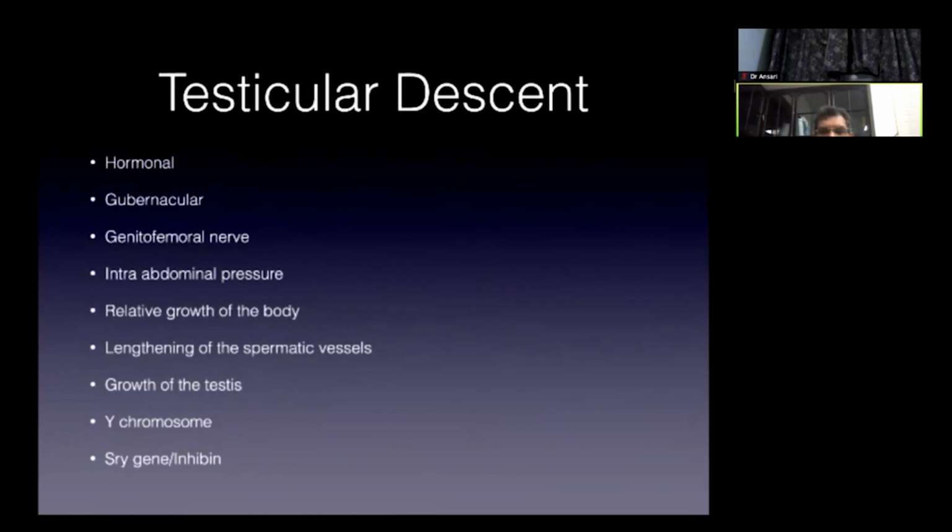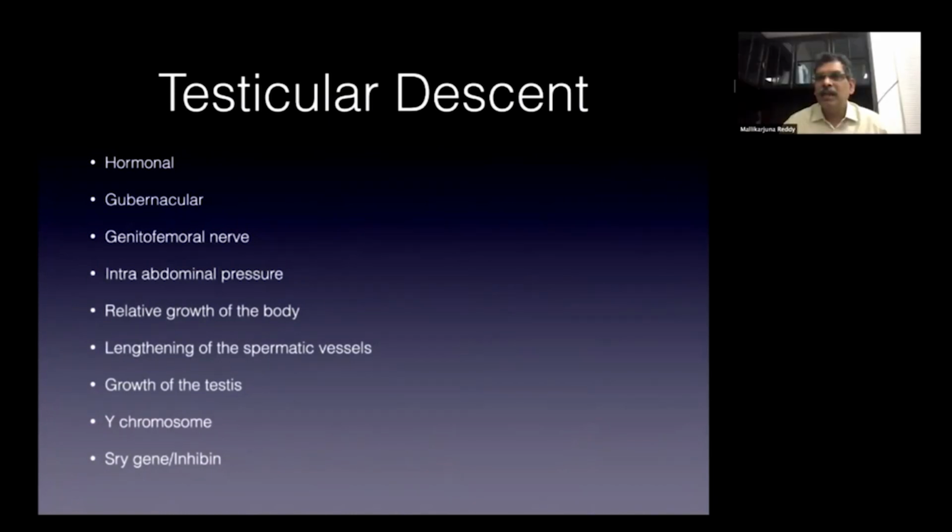There have been a lot of postulations put forward in terms of hormonal causes, where there was a decrease in LH and a decrease in MIS. A lot of things have been put forward, but none has been actually proven or linked specifically etiologically for the testicular mal-descent.